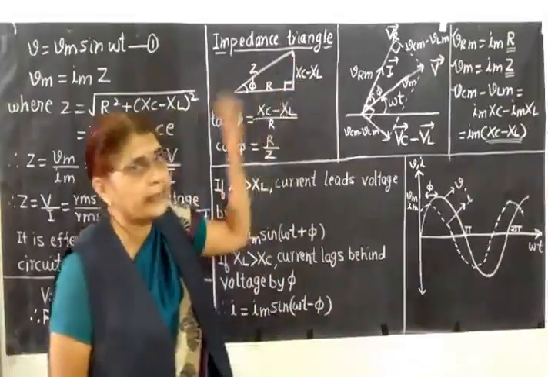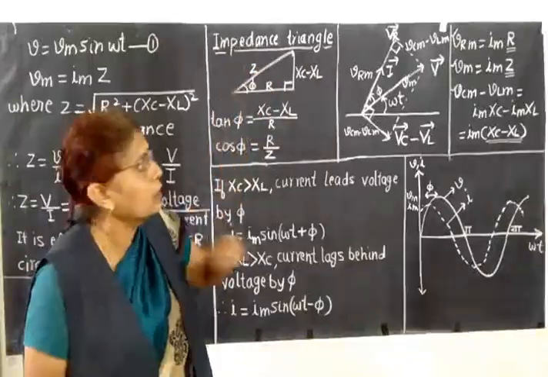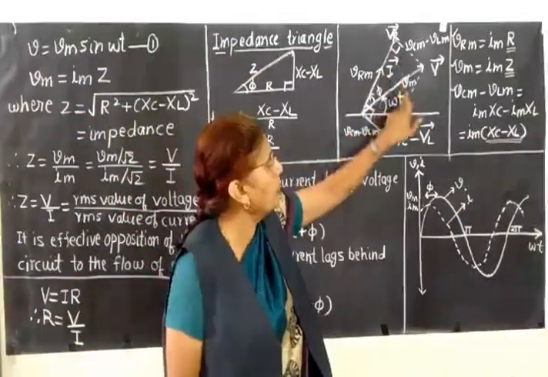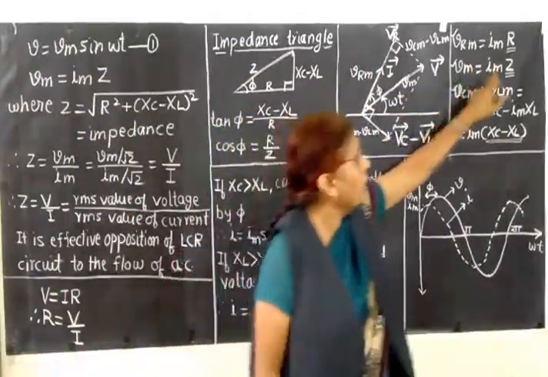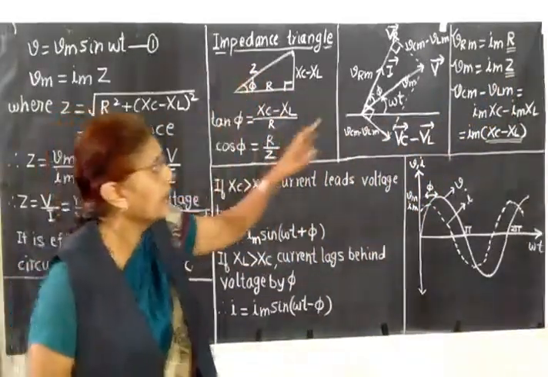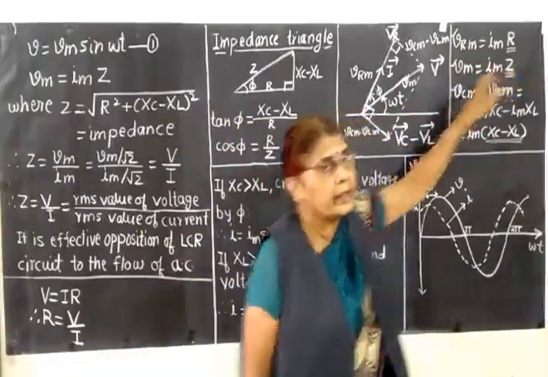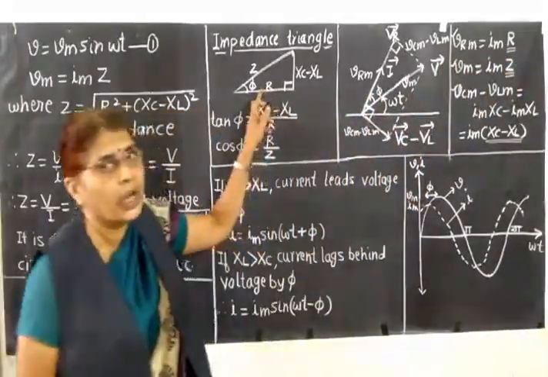This is the impedance triangle, this is the right angle, so this is your hypotenuse. The hypotenuse is VM, VM is Z, so hypotenuse is equal to Z. Then the longer side is VRM. What is VRM? R. So this longer side is equal to R.